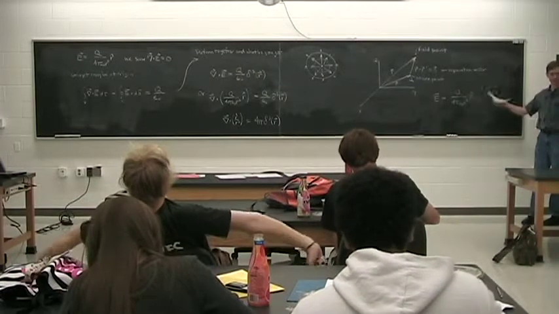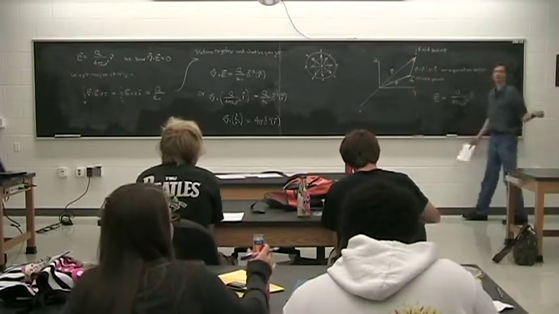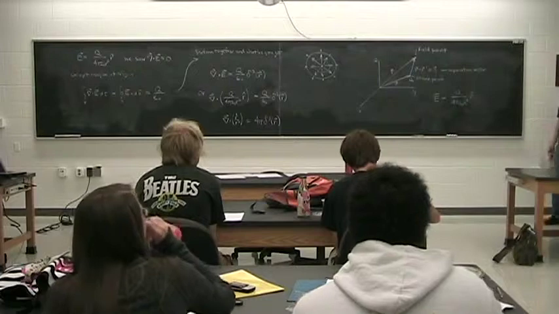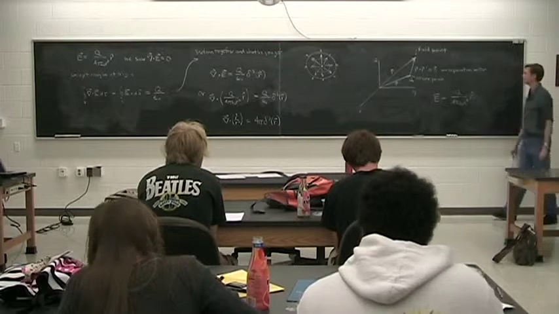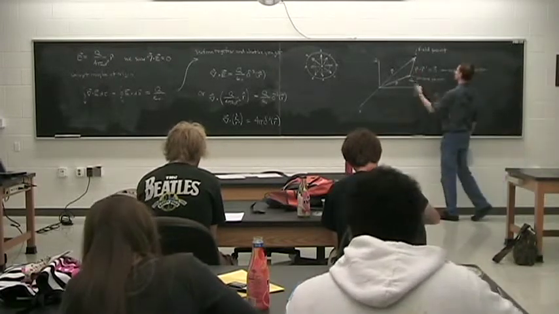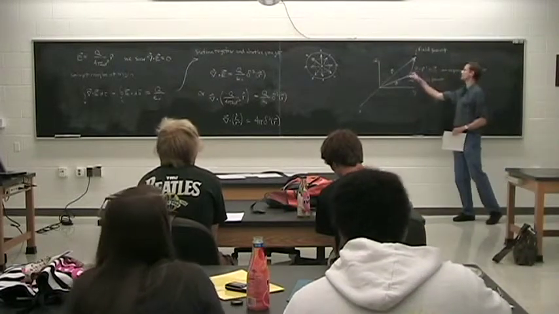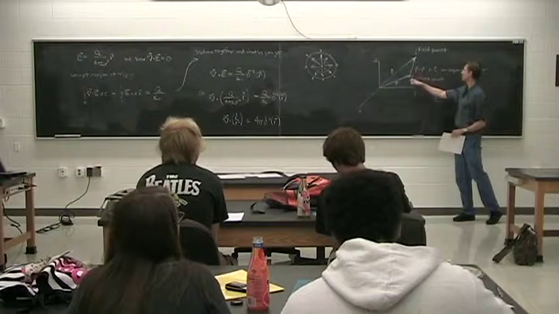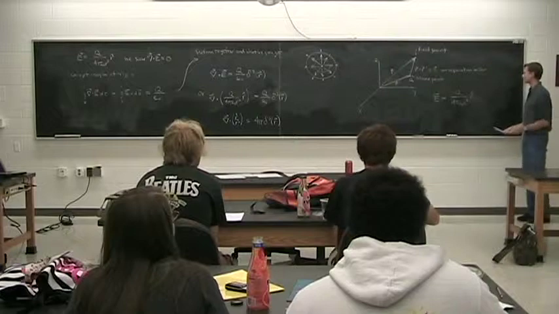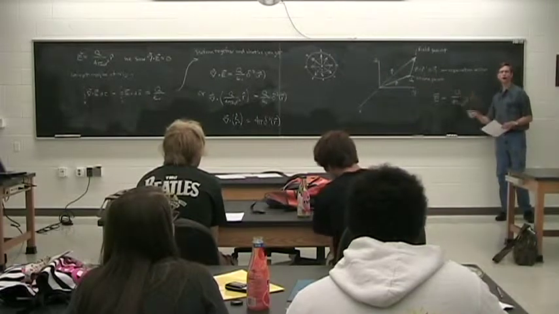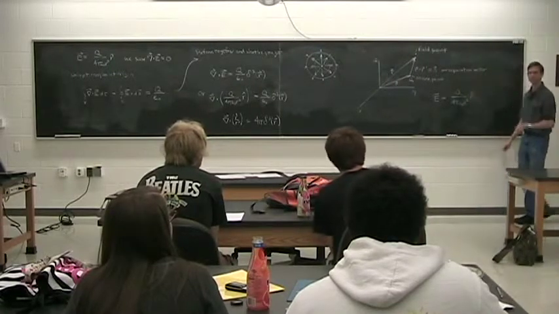In other words, the separation vector just treats Q as though it was the origin, essentially, and so the electric field is just distance from the origin sitting at Q, r squared, and then r hat is the unit vector which points away from Q. Notice that script r hat is defined so that it points away from Q, because script r points from Q to whatever field point you're talking about. This is what we want: the electric field points away from Q if it's positive and points towards Q if it's negative. If it's negative, you get minus r hat, which would be pointing in the direction of Q.